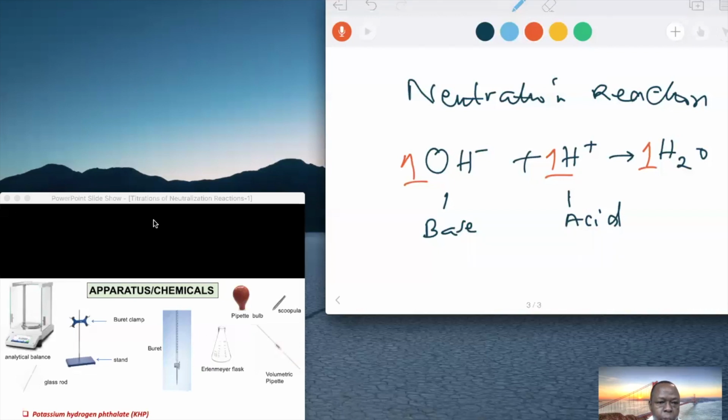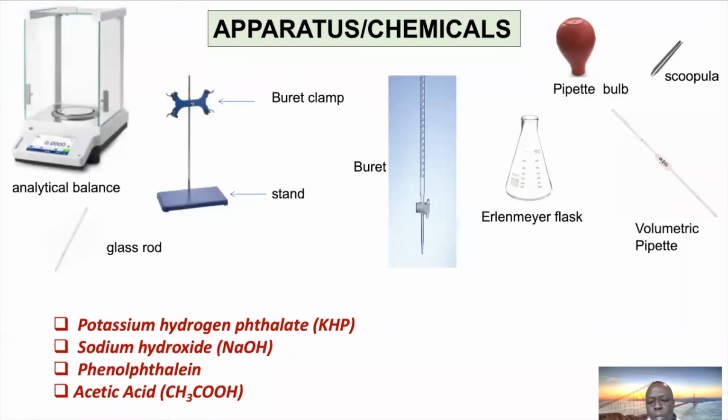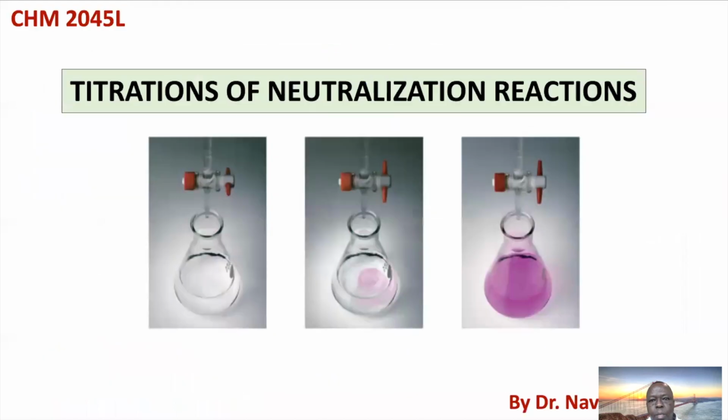Let's take a real quick look at the background information on acid-base titration, or titration of a neutralization reaction. Basically, the solution which goes in the buret, we call this the buret. This is the stopcock. You turn it on. Perhaps some of you have used it.